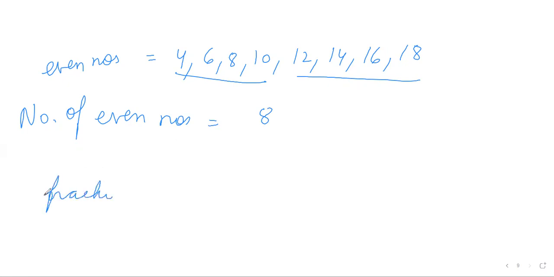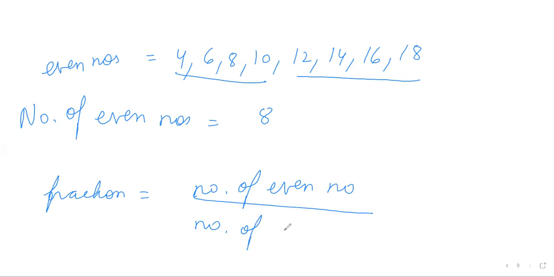Fraction is equal to number of even numbers upon number of natural numbers. So even numbers are 8, and total number of natural numbers is 17. So the correct answer is 8 by 17. Okay, ma'am.